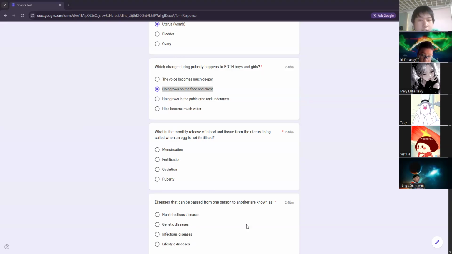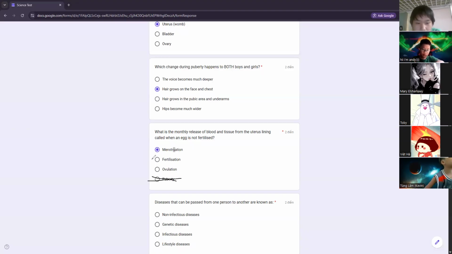All right. So the answer to this is menstruation. Some of you probably know this as a period. Puberty is not the answer because this process happens to everybody, including males and females, and this is specifically for females.